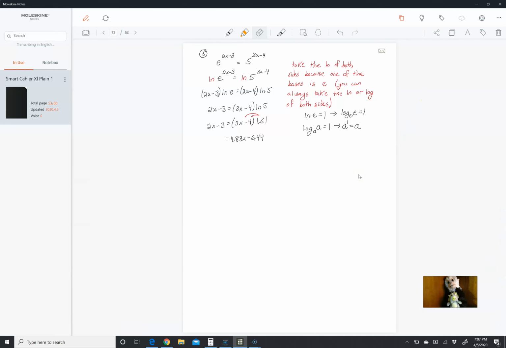And this is equal to 2x minus 3. So now this is just solving a linear equation. We're going back to that solution where we move the x's over to one side. So to keep the x's positive, we're going to move them to the right, but it doesn't really matter. That means that the numbers are going to be moved to the left.